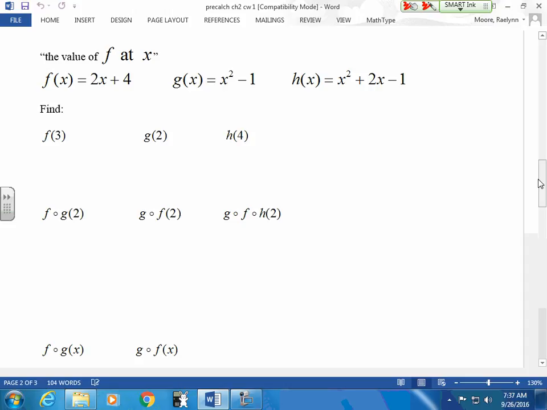F at 3, f at x. This is where your x is. I tend to say of, because then I talk too fast and it comes out weird. So I tend to say f of 3. You can say at or of, whatever one works for you. You're going to say, okay, plug this into here just so that we hit 1 so that we make sure we're all on the same page. And then you solve.